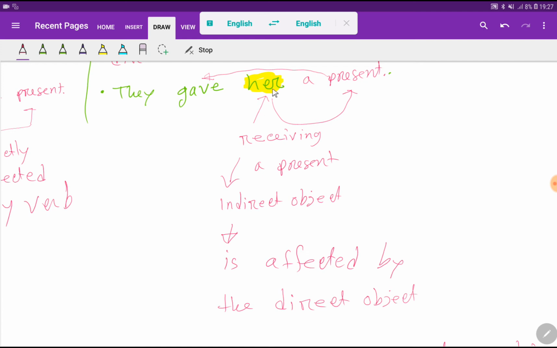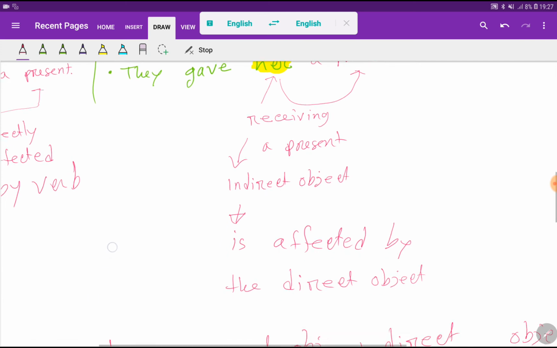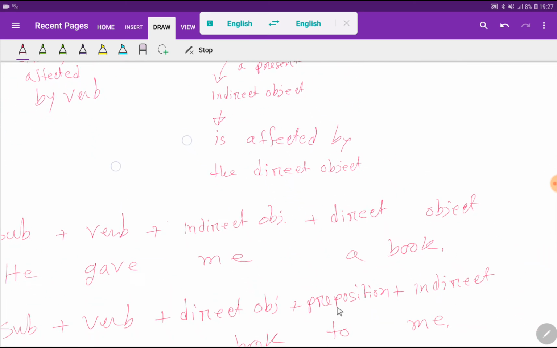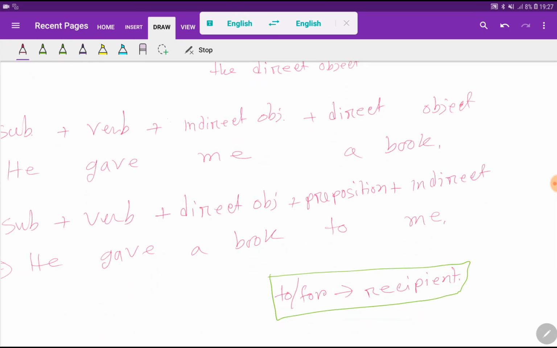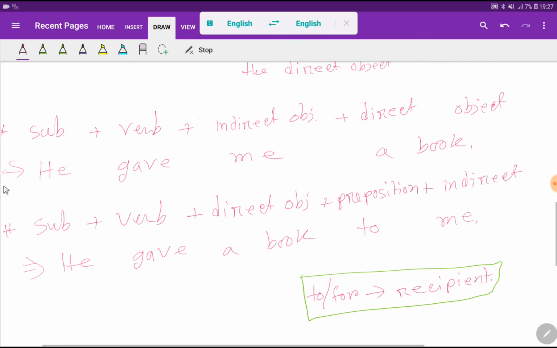That is, the indirect object is affected by the direct object. Look here, this is very important, right? Subject, verb, indirect object first, then direct object.